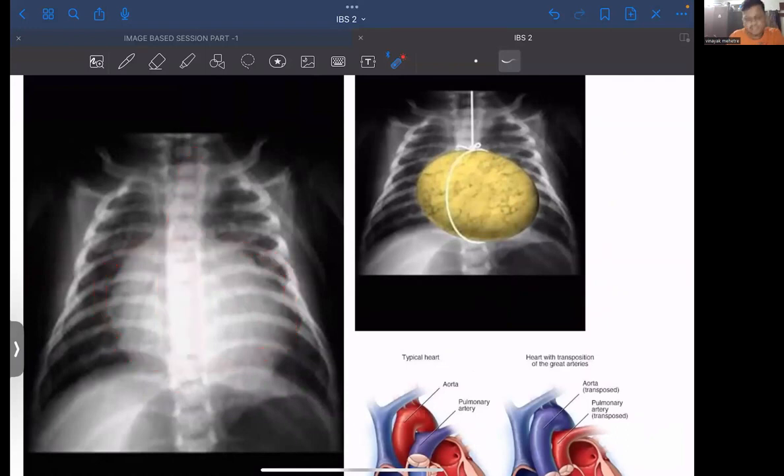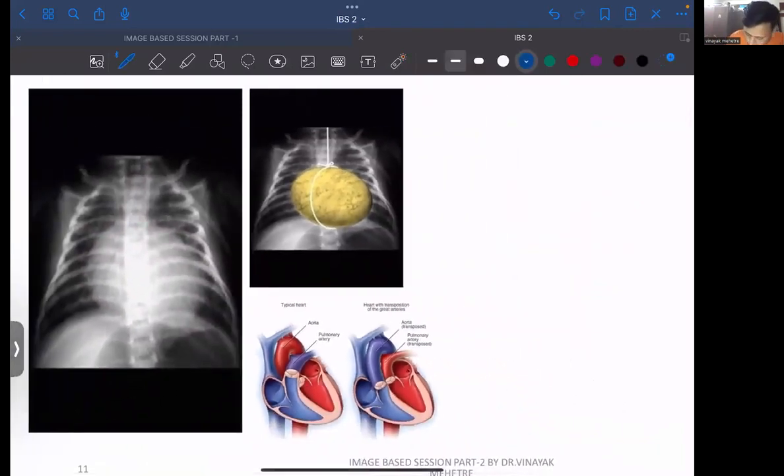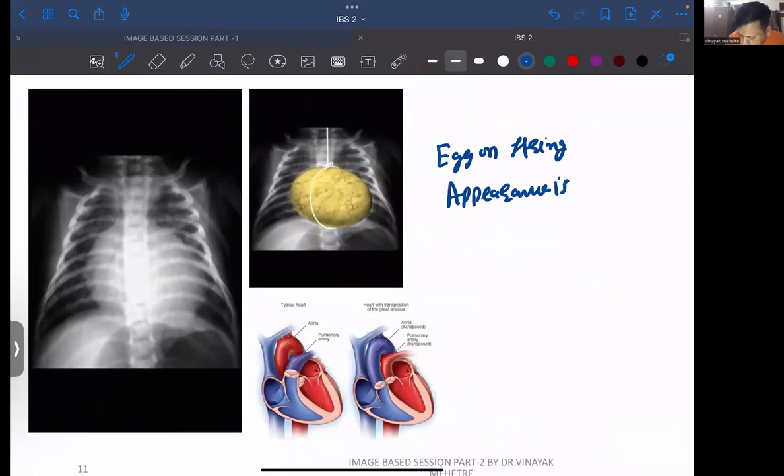It looks like something is tied. Egg is tied with a wire or string. Egg on string appearance is seen in transposition of great arteries.